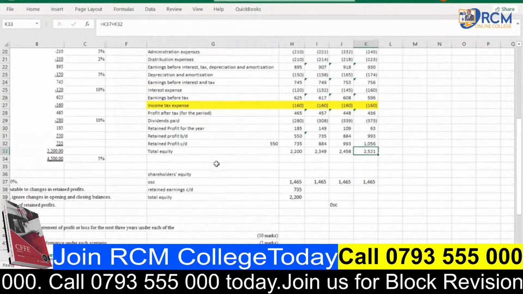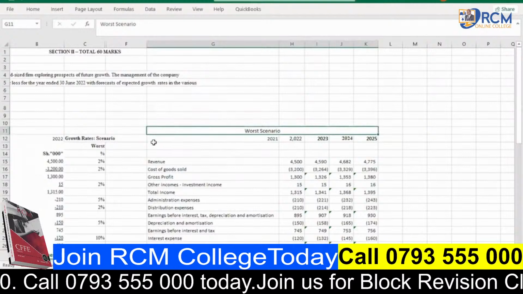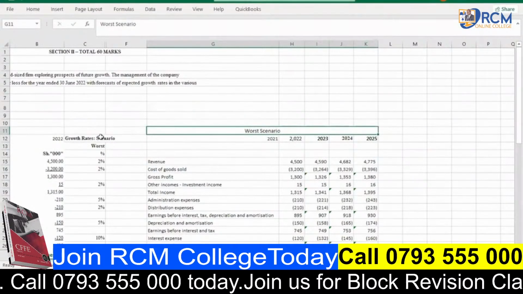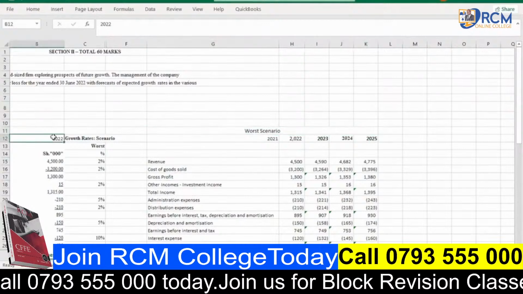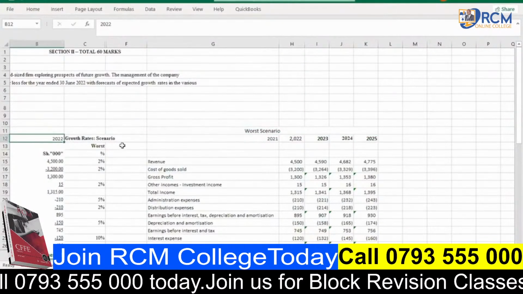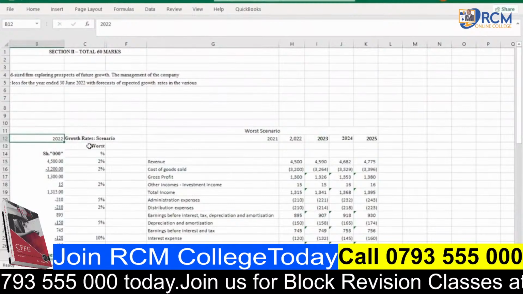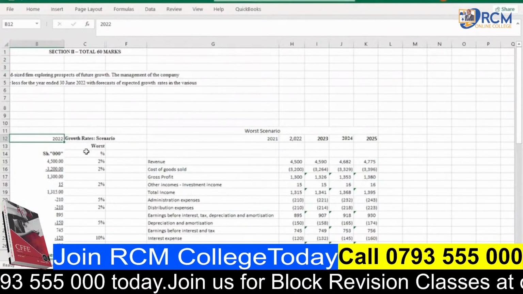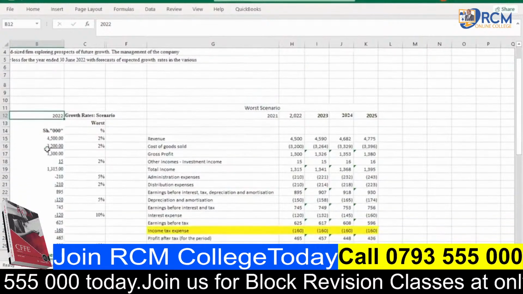Okay, na nimesema, as you work out the worst case scenario, you assume that there is no best case. The only thing you have is 2022. If you're going to go for the best case scenario, you will assume that you don't have worst. What you have is the values for 2022.